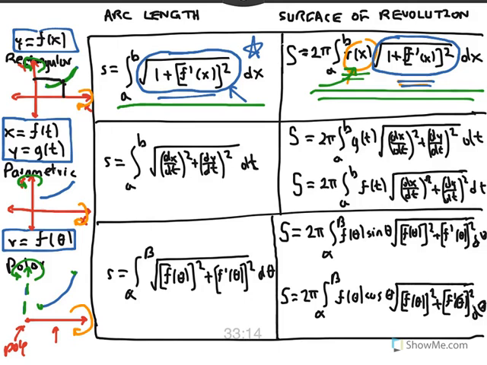So you will see that in parametric form, here we have the integration formula for arc length, and in the integration formulas for the area of a surface of revolution, you see this factor, which is the same as the integrand from the integration formula for arc length.